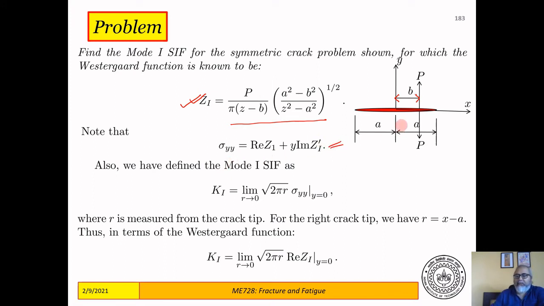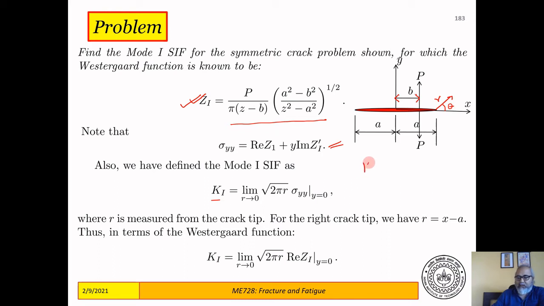Now I am interested in y equal to 0 because I had defined K1 as limit r tends to 0, where r is this distance and theta is this.